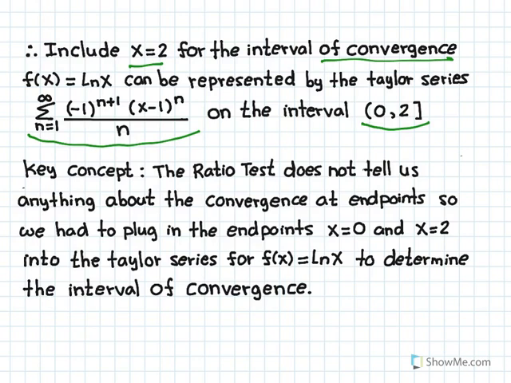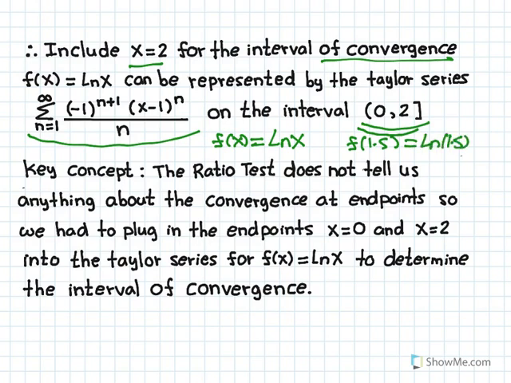So this is essentially the Taylor series of f of x equals ln x, and the only values of x for which this Taylor series represents the function f of x equals log x are in this interval. That means, for example, we can find f of 1.5, which is equal to log of 1.5.